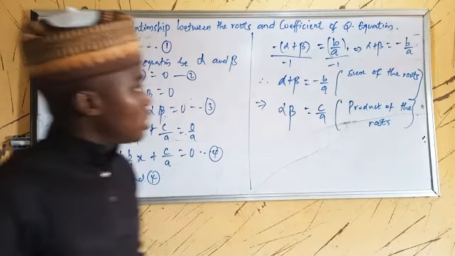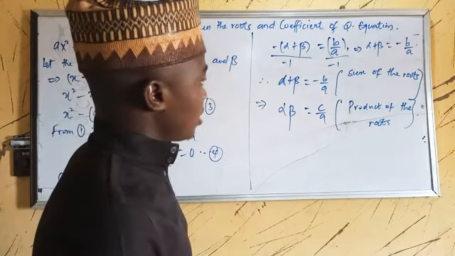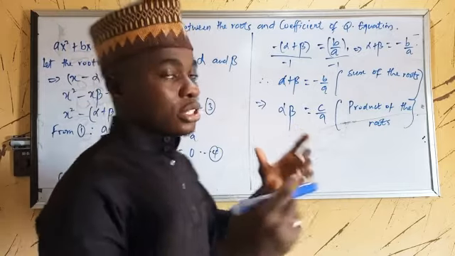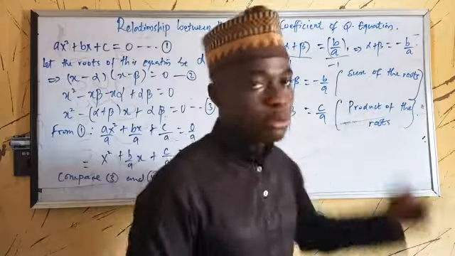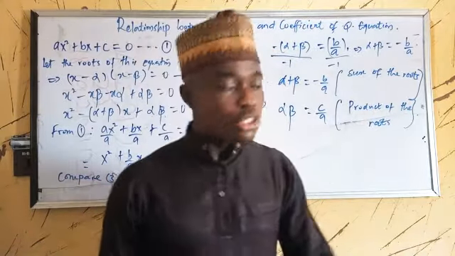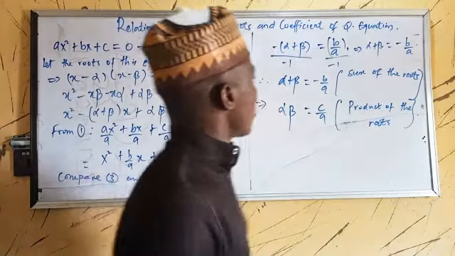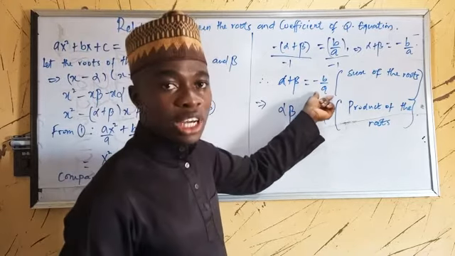So now what we are trying to say is, if you are given a quadratic equation and you are asked to find the sum of the roots or the product of the roots, this is the formula you are going to use.